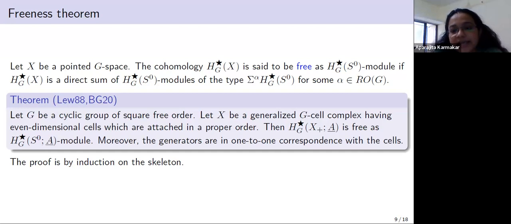Then H star G X plus with A bar coefficients, where A bar is the Burnside ring coefficient, is free as an H star G S naught module. Moreover, the generators are in one to one correspondence with the cells. This is a similar result to what we get for CP infinity or CP n in usual topology. The proof uses induction on the skeleton.